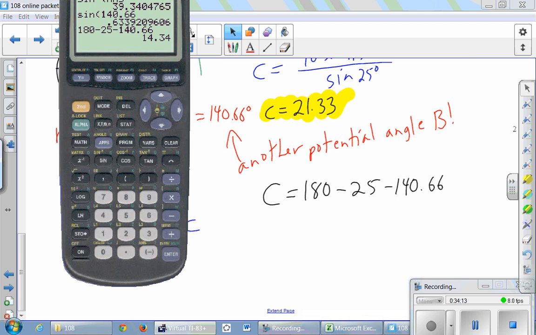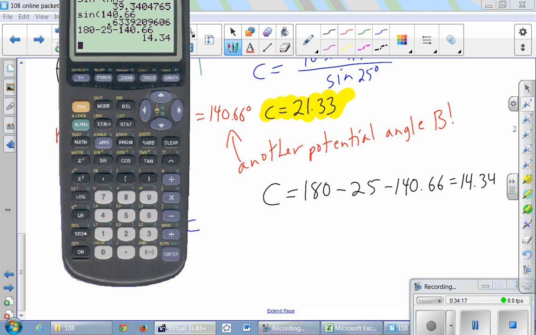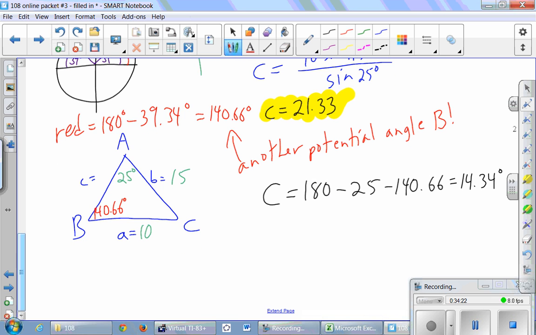Okay, so about 14.34 degrees. So let's fill that in the triangle. 14.34. And then we're going to use the law of sines to find lowercase c.